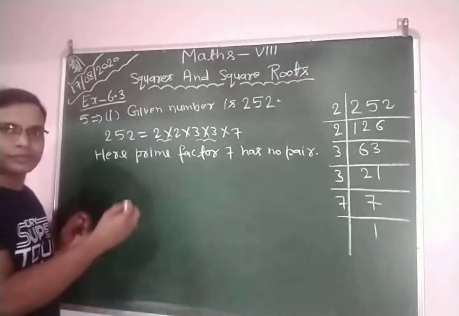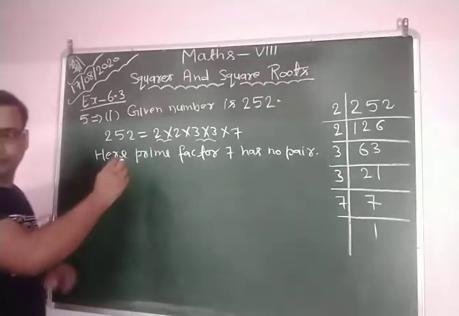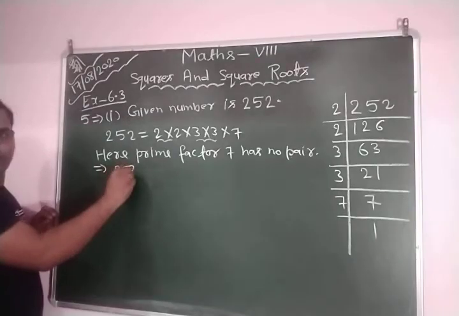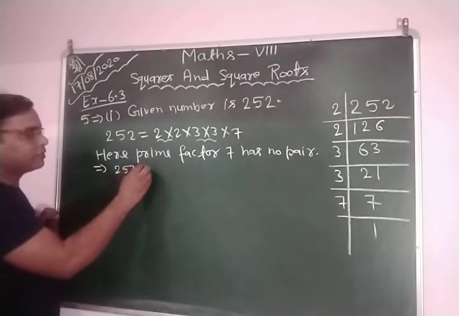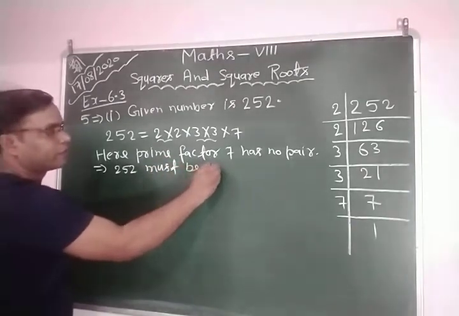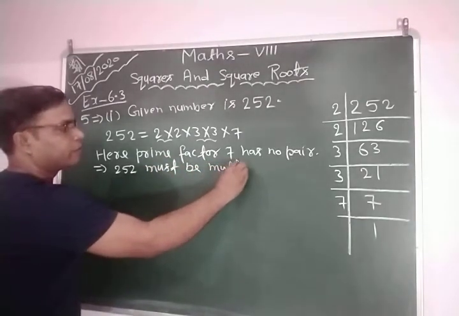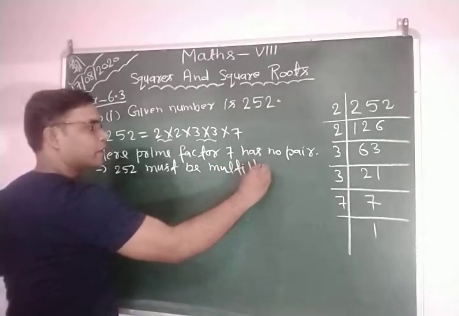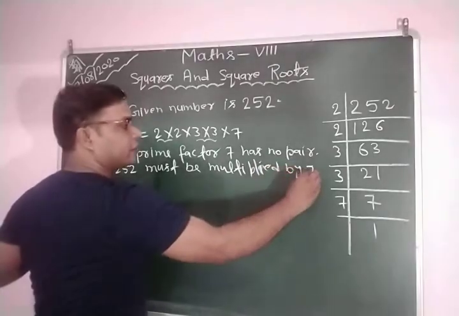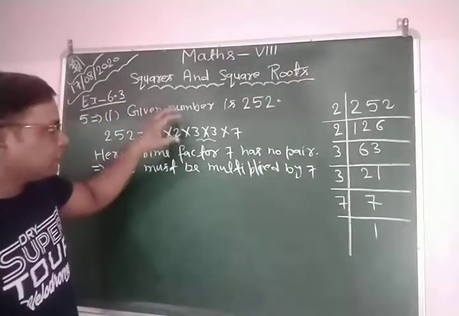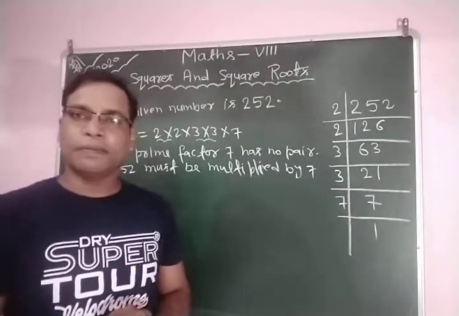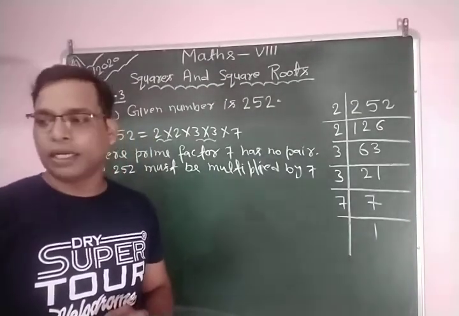Therefore 252 must be multiplied by 7. If we multiply 252 by 7, then we obtain a perfect square number.